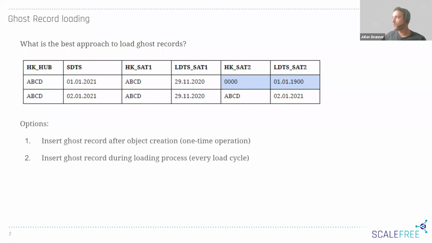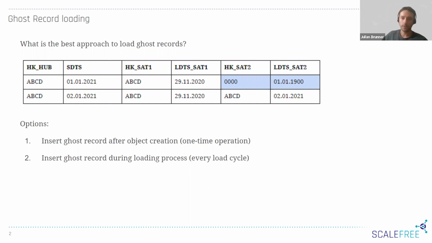Let's talk about the options that we have for inserting ghost records. The first variation is to insert the ghost record right after creating the physical object. So you execute a script right after the DDL execution, and this option is also covered in the book. But we have also a second option. With this option, you insert the ghost record during the loading process of data vault objects.